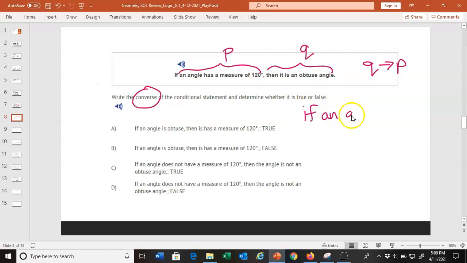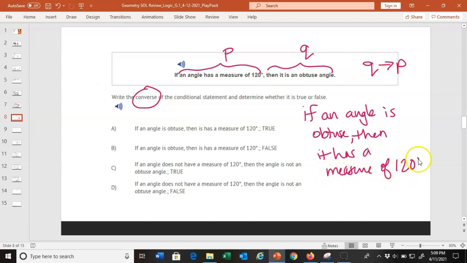If an angle, and I'm going to write this out, is obtuse, then it has a measure of 120 degrees. So it doesn't have to be exact language, but pretty much matching what the answer choices are. So we're looking for if an angle is obtuse to come first, right? The second part is now going to come first. So it might be A, it might be B, it's not going to be C, it's not going to be D.